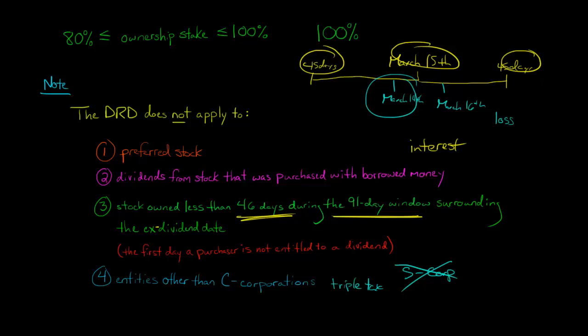In our example, if Myra's Camping Gear gets taxed on its income, and then Cliff Camping gets taxed on that income, assuming there was no dividend received deduction, and then Cliff Camping issues a dividend to its shareholder, who then gets taxed on the dividend received, then we would have three layers of taxation. We don't have that issue with an S corporation, because it's a flow-through entity and is not subject to multiple layers of taxation. So basically, the dividend received deduction is to provide tax relief for C corporations to avoid this triple taxation scenario.